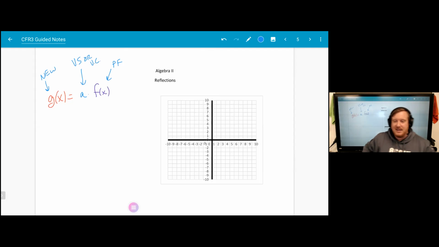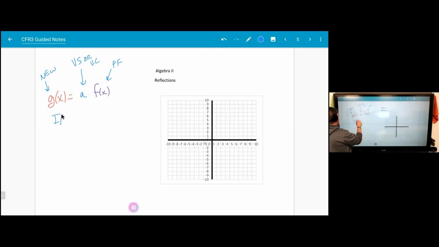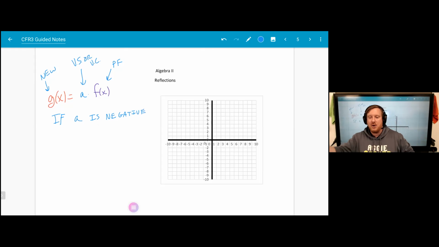Here's the other part to that, because I didn't take care of what happens when it's a negative number. If a is negative, the function reflects over an axis. And since I'm talking about vertical stretches, we're going to do a vertical reflection.